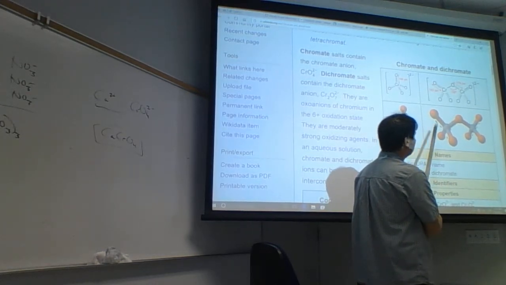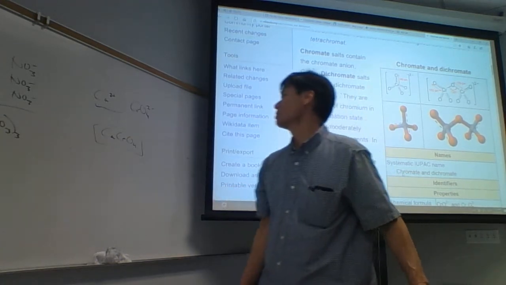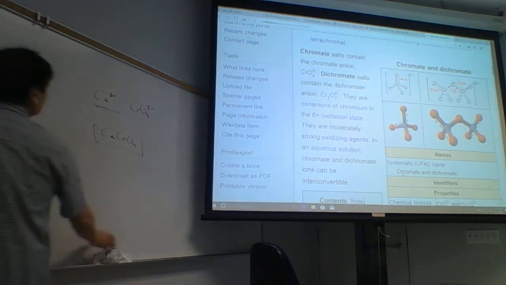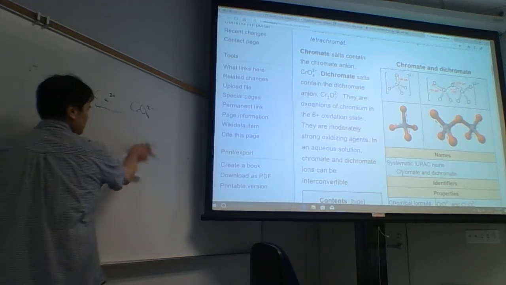But anyway, this is dichromate over here. This is chromate. Dichromate, what's the charge? If we look at dichromate, what is the charge on chromium in dichromate? Well, what is the formula for dichromate? Dichromate should be two chromates.